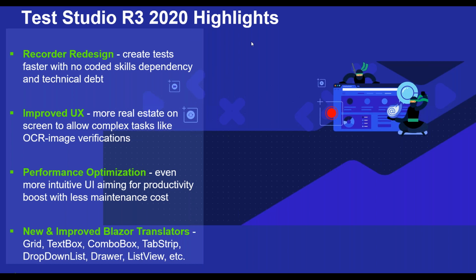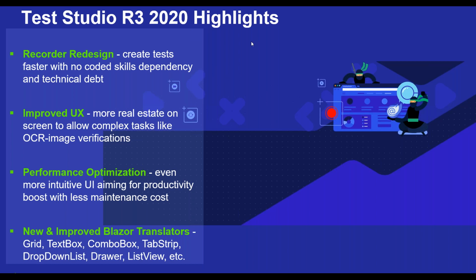For example, we had to change our recorder because we're aiming at the bigger step of constantly improving our user experience. Now you're going to see that on your screen with the new recorder. You have much more real estate, so you can focus on some other complex tasks like image detection or OCR image verification.